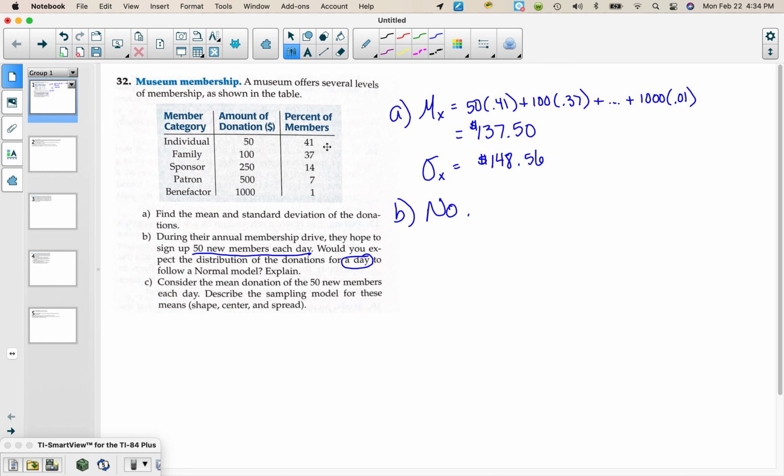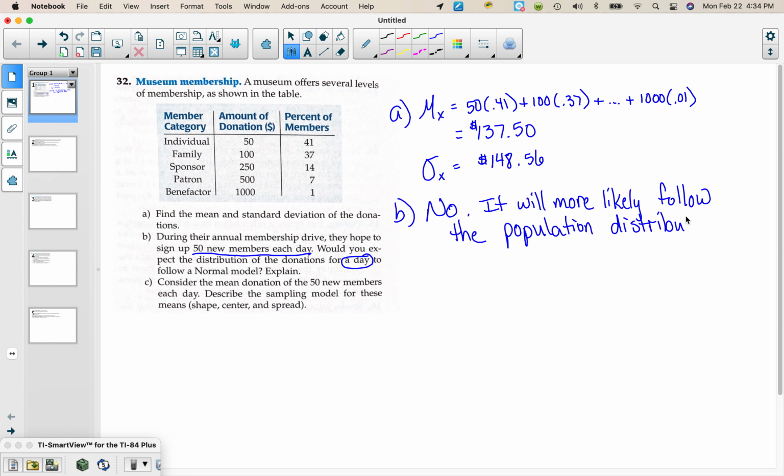So I'm not expecting a normal model, because it's more likely to follow the population distribution, since it's only one day.